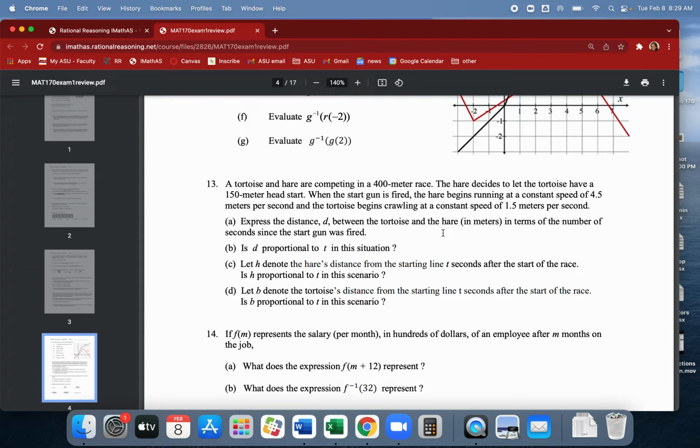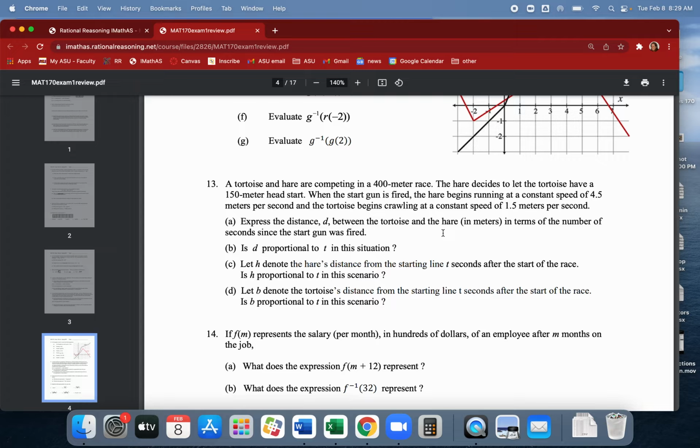But keep in mind, distance between them and distance to the finish line are two different things. So just make sure you're careful reading questions about what times or what distances.